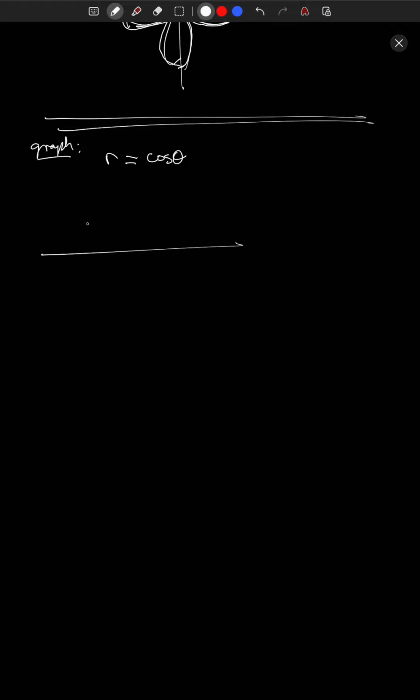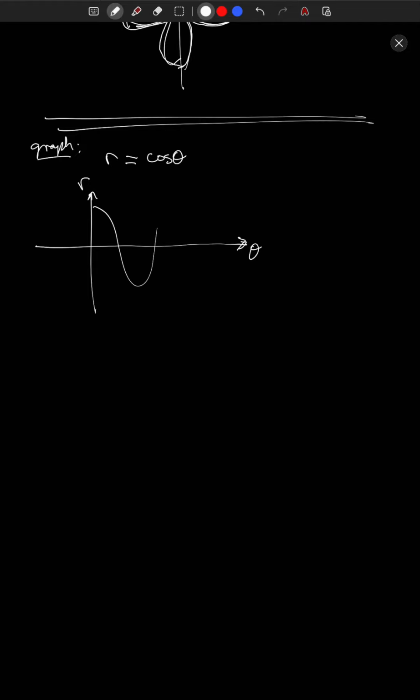Let me do this one in degrees, just so we see both points of view. Typically I like to do radians, and we should almost always be working with radians, but sometimes it's good to see examples in degrees now and then. All right, r equals cos theta.